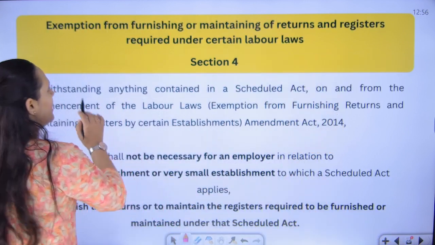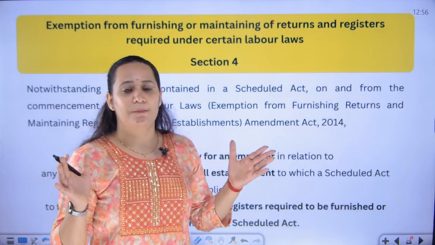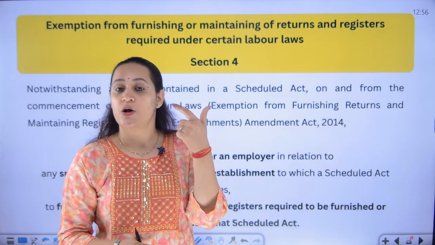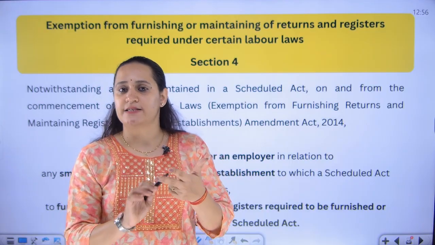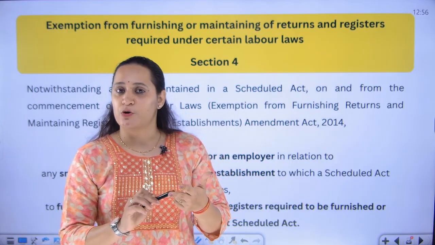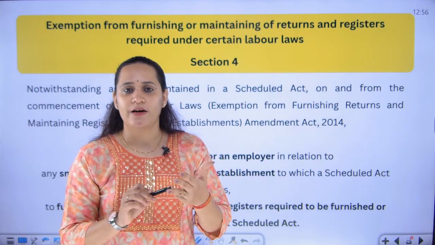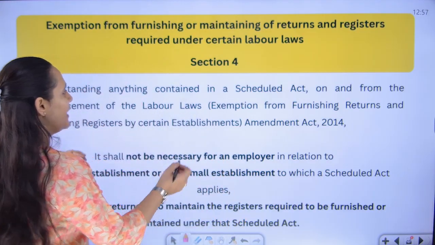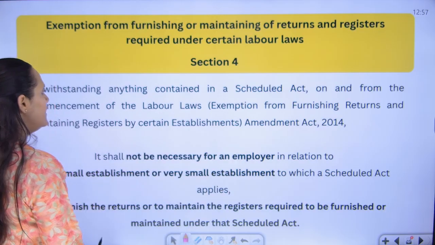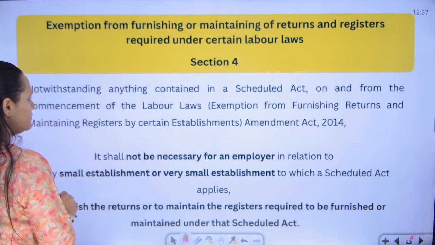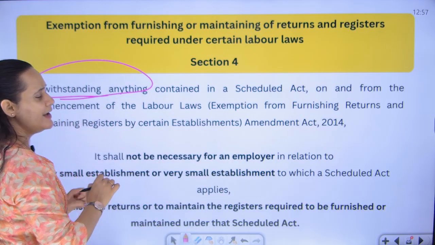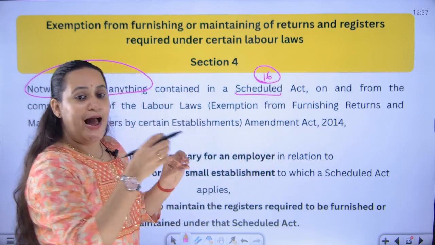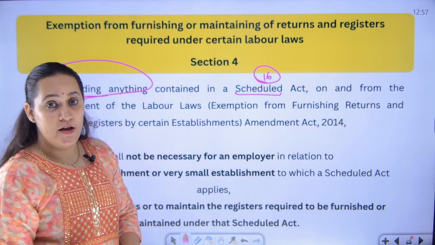Now, coming directly to the provision, so important part that is here is what is a small establishment, what is a very small establishment, and the 16 enactments with respect to which exemption is given. Along with that, what is the purpose of this enactment? Very, very key areas. Now, getting directly to the provisions of the enactment, it just says that notwithstanding anything contained in any act, that is the scheduled act, 16 enactments are there, and in that a lot of provisions are there.